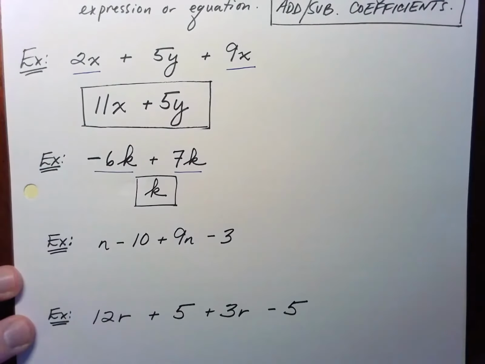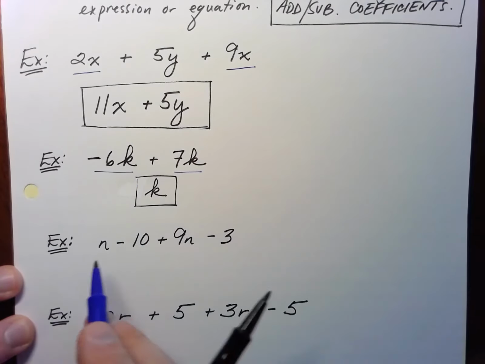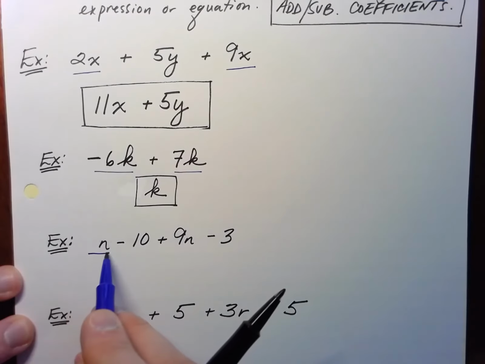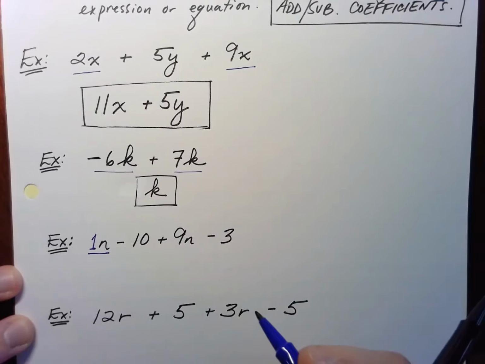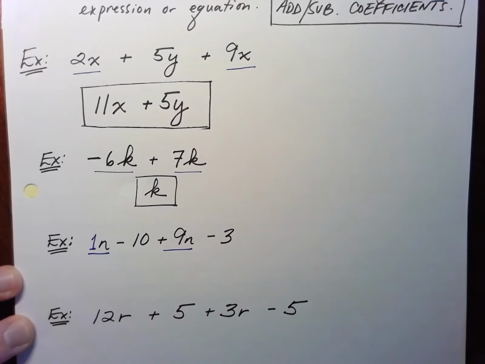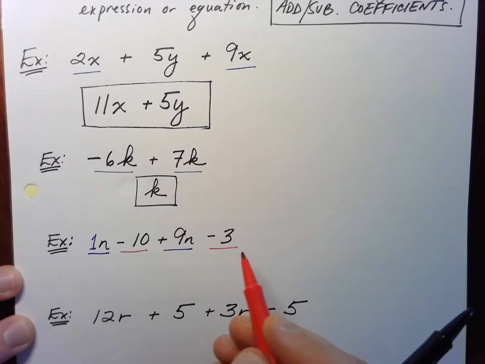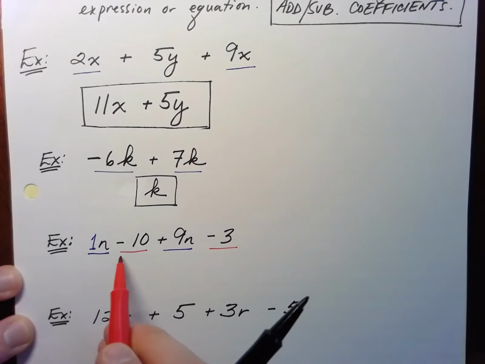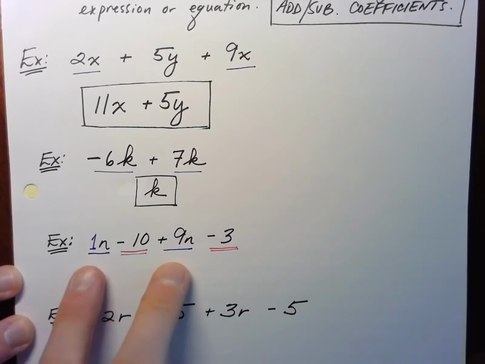n minus 10 plus 9n minus 3. Well, we've got a few different things that are like here. We've got an n, which is really just a positive 1n, right? So we have an n and a 9n. And then we have a negative 10 and a negative 3. Now, the blue terms are like because they're both n terms.